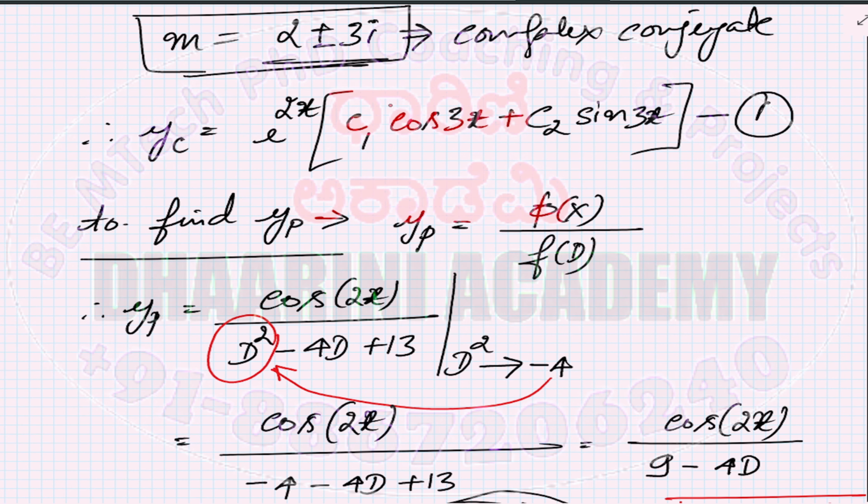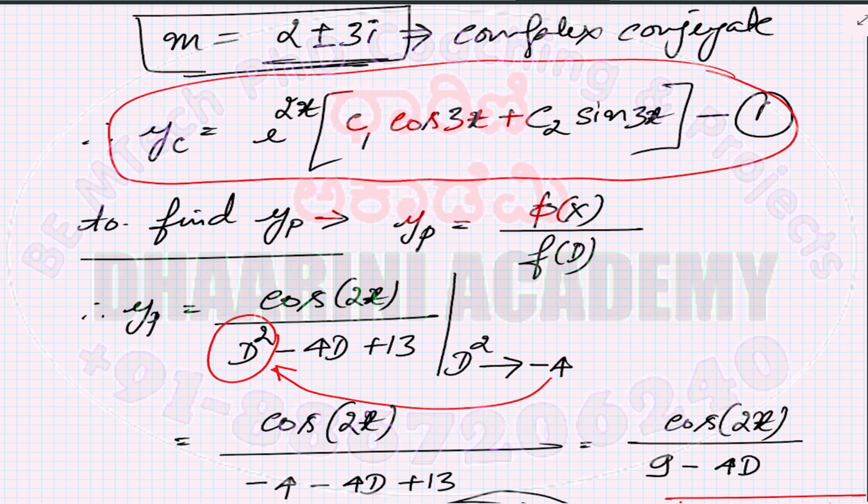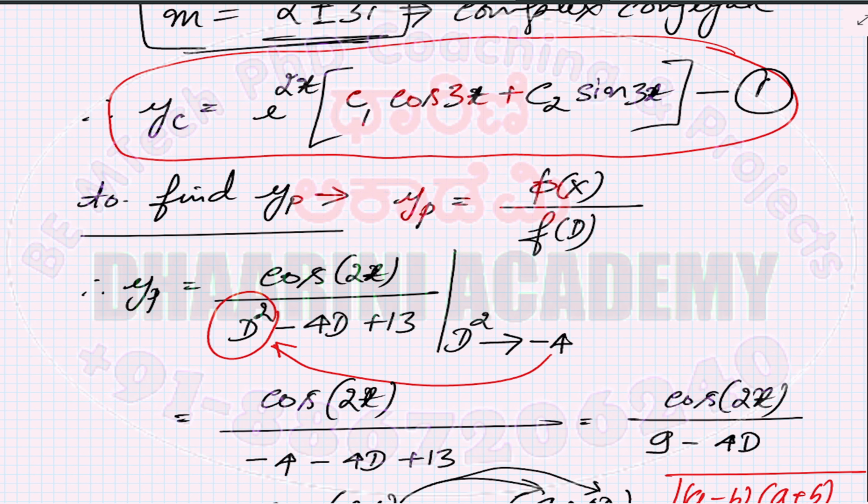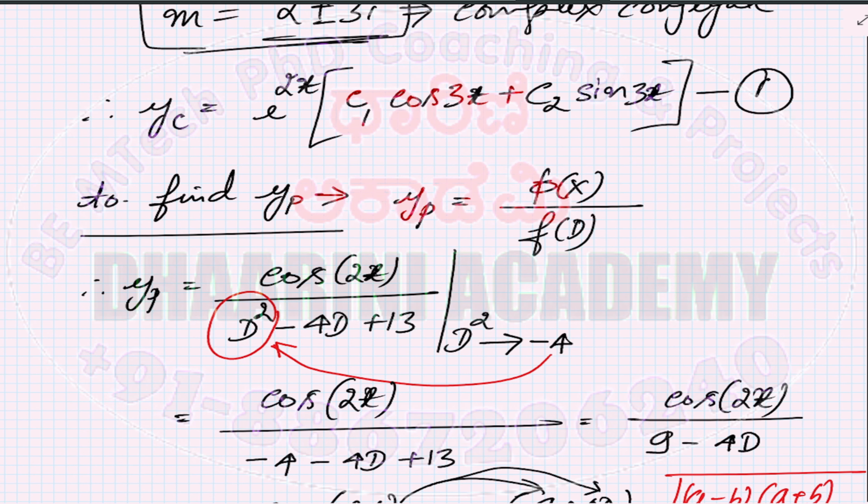The roots are complex conjugates, 2 plus or minus 3i. Referring to the table, I understand that this is the third category. I can write YC in the following format: YC is equal to e to the 2x times C1 cos 3x plus C2 sine 3x, the standard way of writing this. Till YC, there should not be any problem.